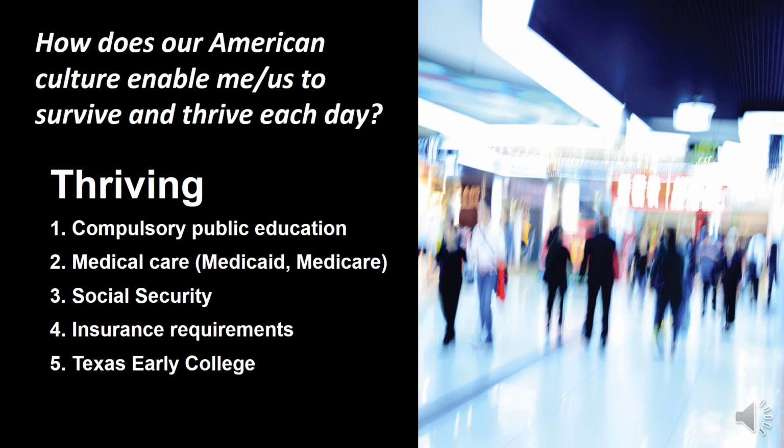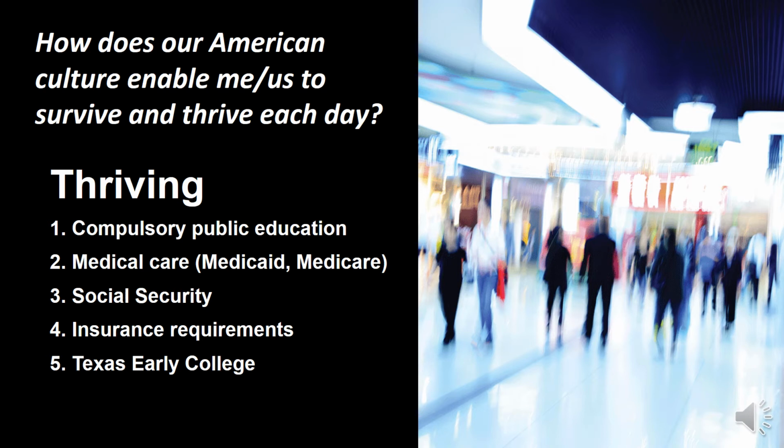And so Social Security was a way to do that when it was invented. And then we have insurance requirements for people. When you're driving your car, you have to have insurance so that you don't cause a problem for somebody else if you have a car wreck, or even for yourself. Medical bills, replacing your car, replacing somebody else's car. The state requires that so that you don't cause problems for other people.